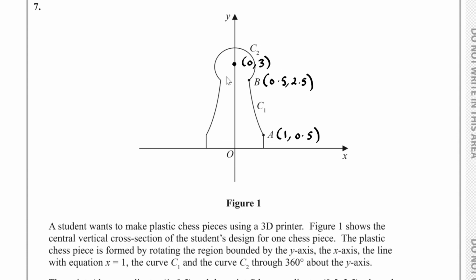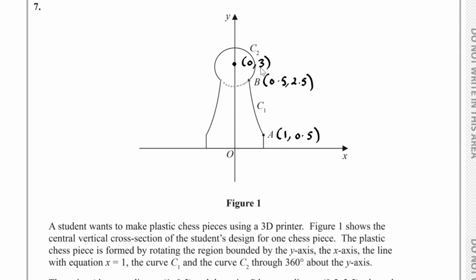Of course, if you imagine that we've got a full circle, like so, then with this we can find out what C2 is and then integrate using the volume of revolution.